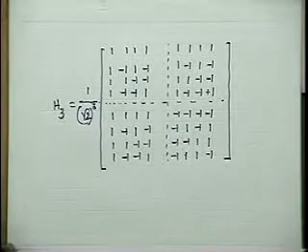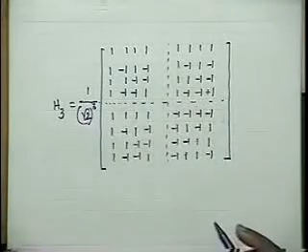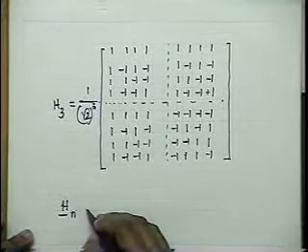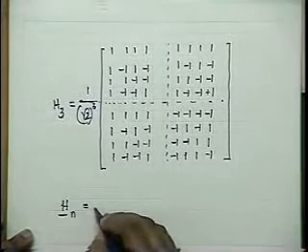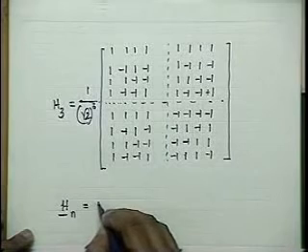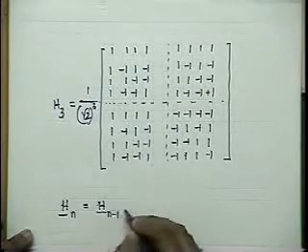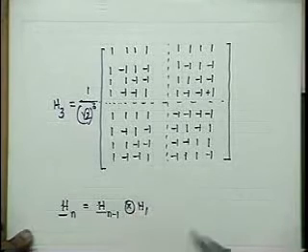So this is what the composition of the H3 matrix is, and in general the Hadamard matrix of order n is composed by the Kronecker product of H of n minus 1 and H1.